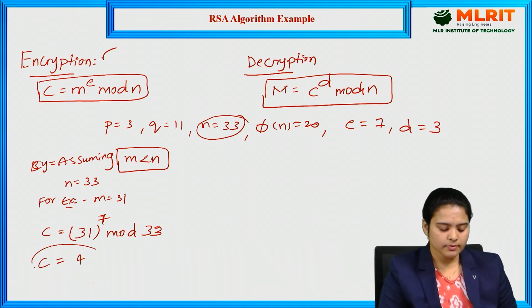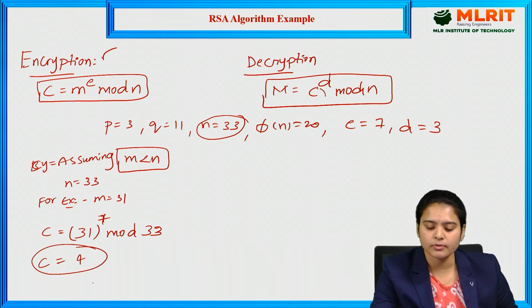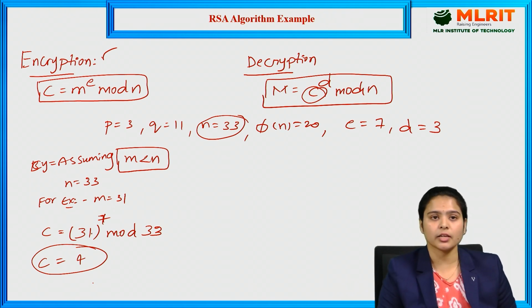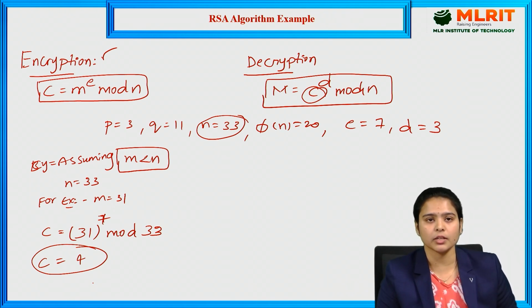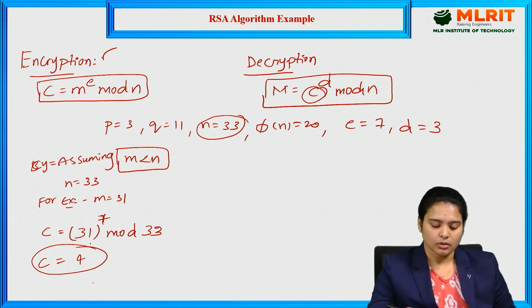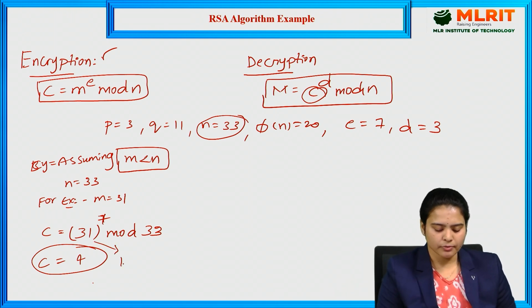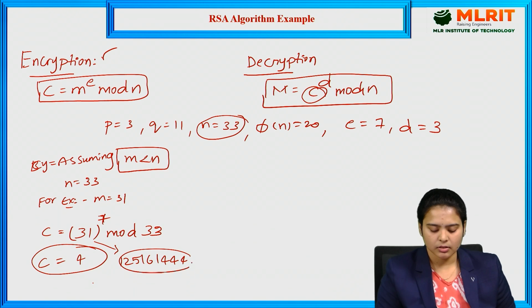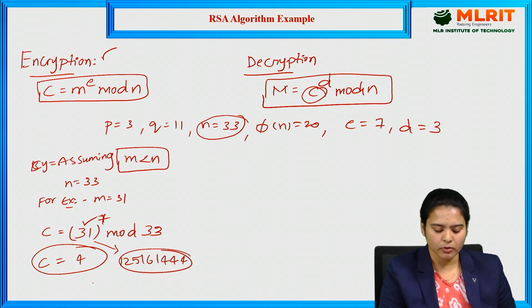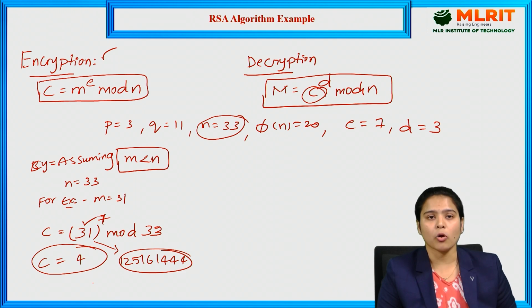So we substitute this value here for C, because 31 power 7 mod 33 gives 4. This is the value we got for the power of 31 raised to 7. When we take the mod value of 33, we get the value of C.